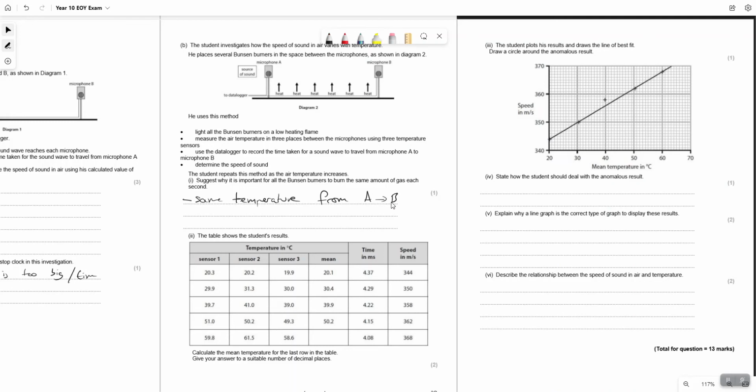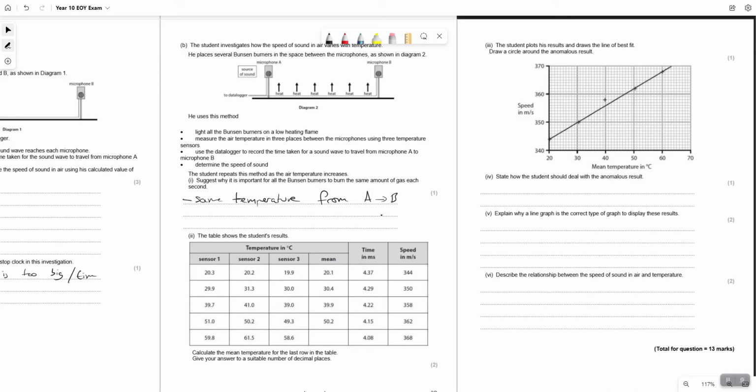You need the temperature to be kind of constant as the sound wave is travelling across. So you don't want it to be really hot over here and cooler over here. There were some erroneous references to things like just make sure that there's the same heat. Be very careful about using the word heat. Remember the difference between heat and temperature and thermal energy.